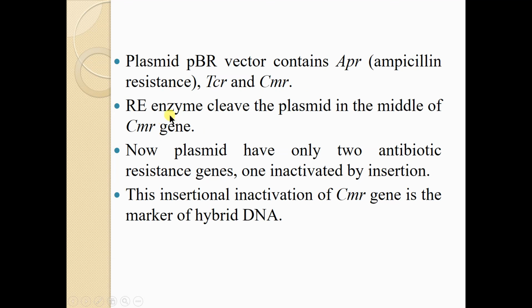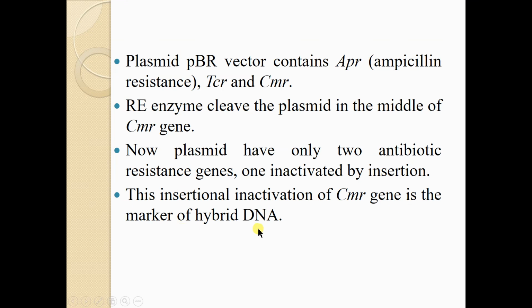But as the restriction endonuclease enzyme cleaves the plasmid in the middle of the chloramphenicol gene, the plasmid containing the chimeric DNA now has only two antibiotic resistance genes. So one is inactivated by the insertion. This insertional inactivation of the chloramphenicol gene is the marker of the hybrid DNA.